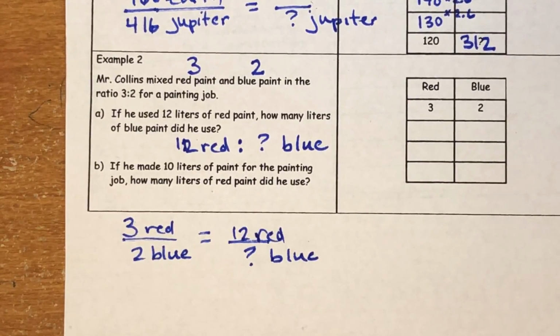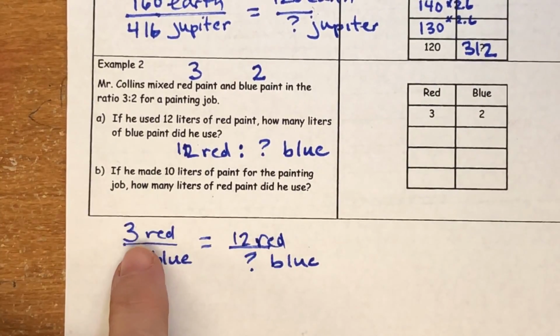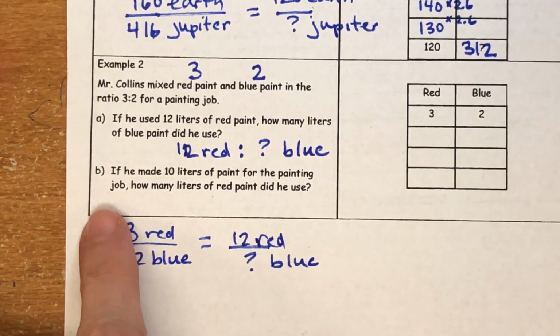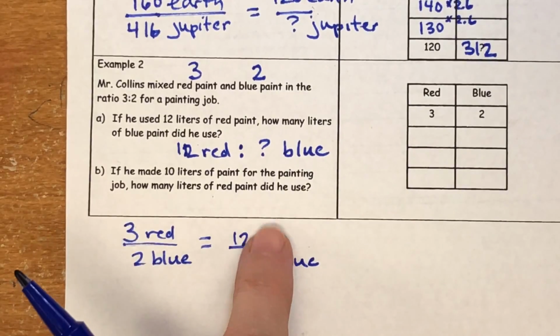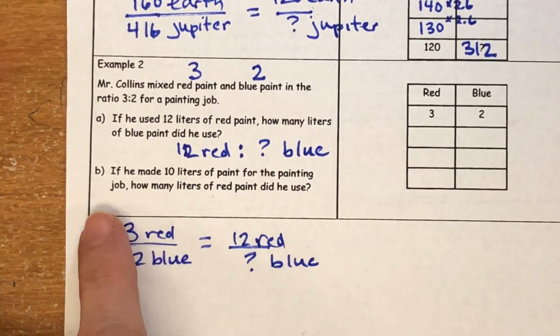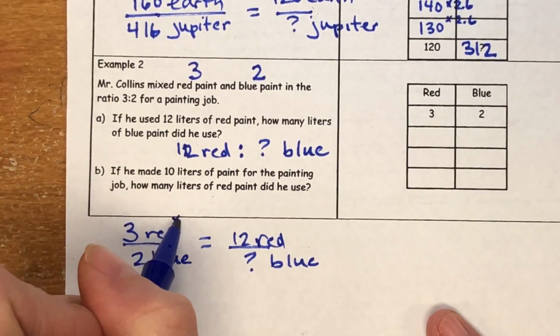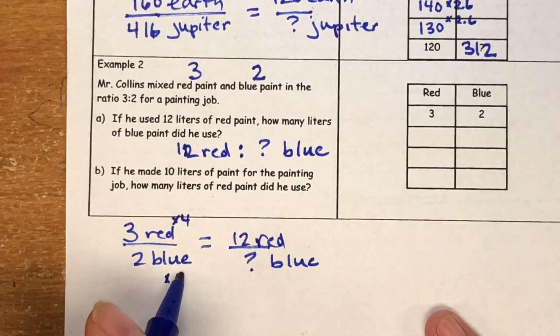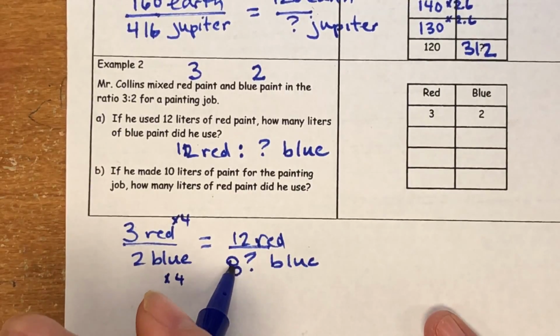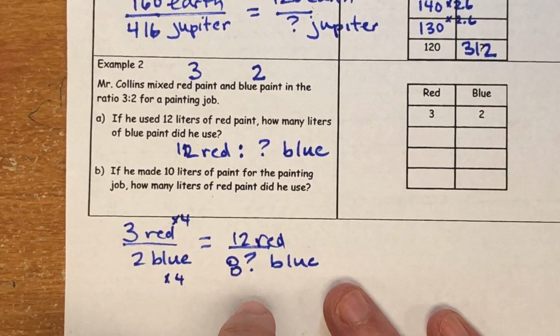Ratios are also fractions. So 3 to 2 is equal to 12 over what? I multiplied by 4 here, so multiply by 4 here. So if I have 12 red, I'm going to have 8 blue.